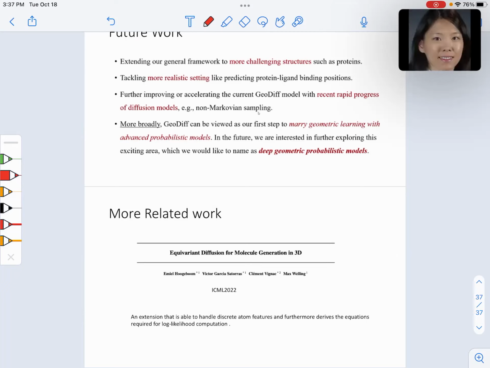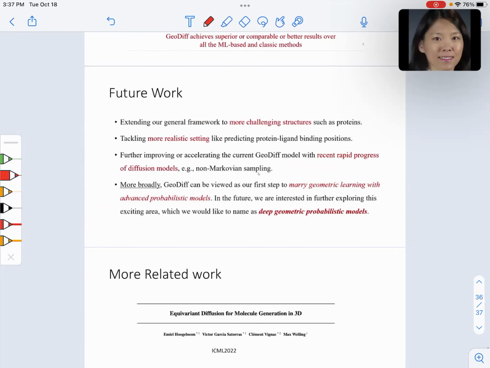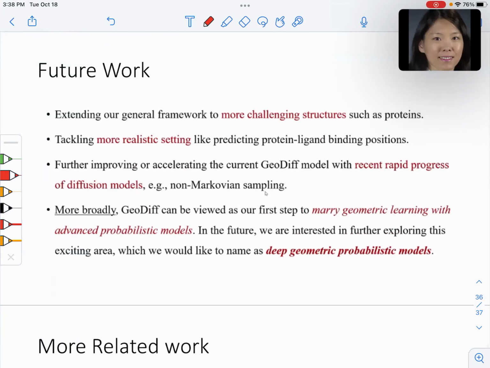I have a question regarding their future direction about modeling protein ligand binding. They need to model all the pairwise distances, right? I wonder about the scalability of their model, because chemicals are very small.